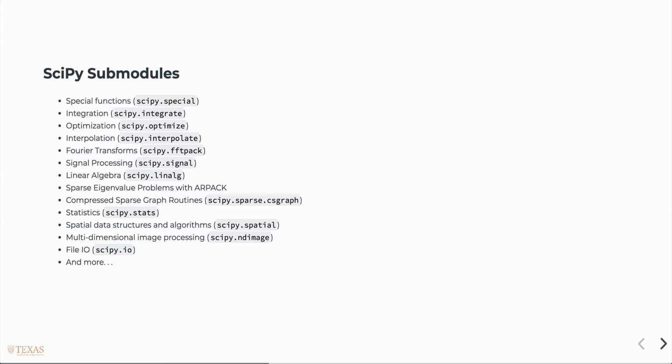Compressed sparse graph routines, statistics, so these are all your distributions and other things, random number generators, other things like that. Spatial data structures, this is your KD trees for doing nearest neighbor searches, as well as some common tessellations like Delaunay and Voronoi tessellations of scattered data. Multidimensional image processing and file input and output, and there are a few more that aren't listed here.